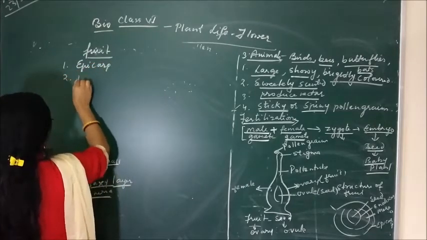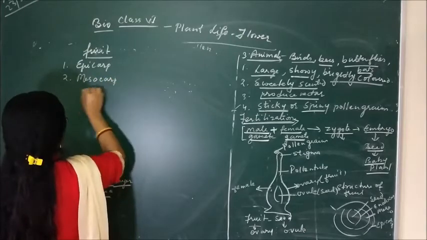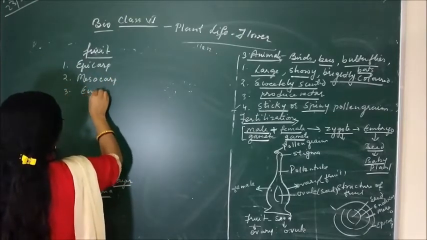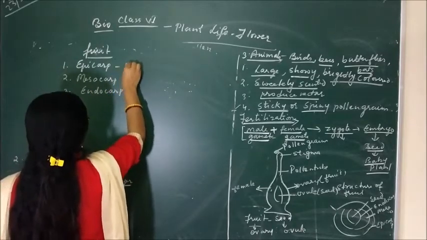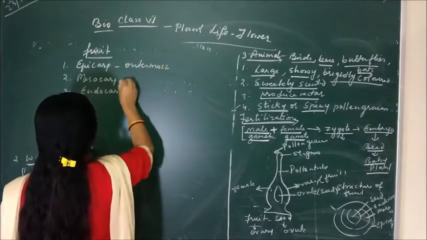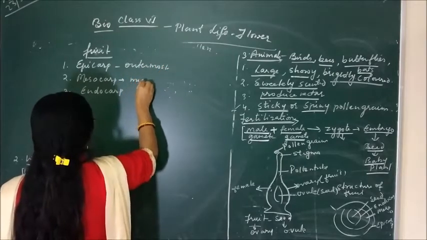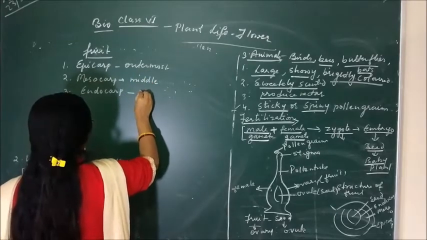The second one is the mesocarp, the middle layer, and the third is the endocarp, the inner layer. The epicarp is the outermost layer, the mesocarp is the middle layer, and the endocarp is the innermost layer.